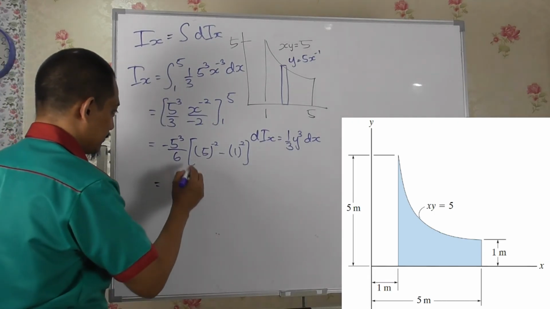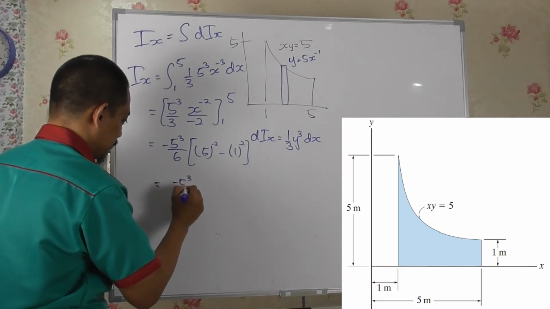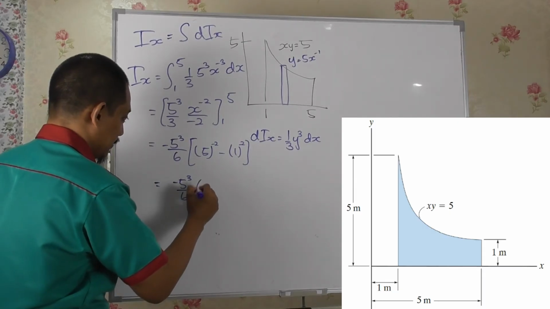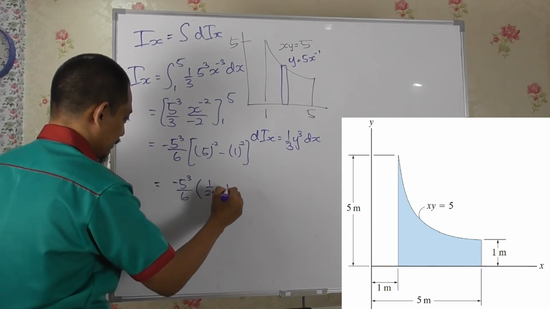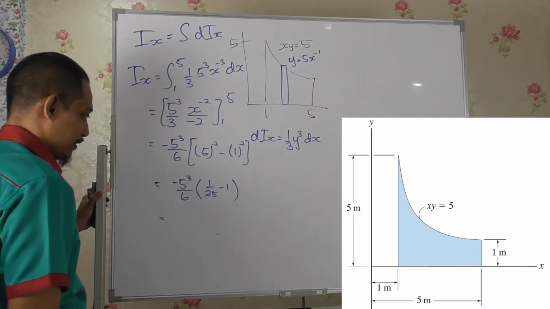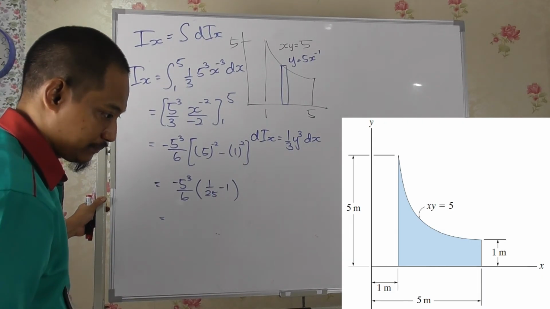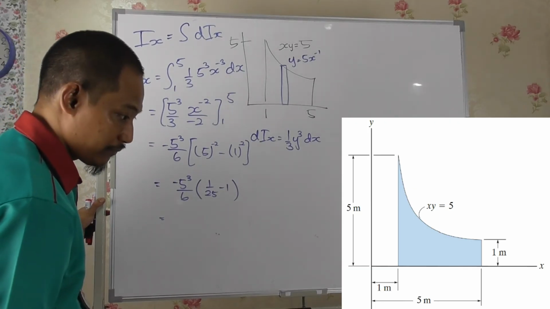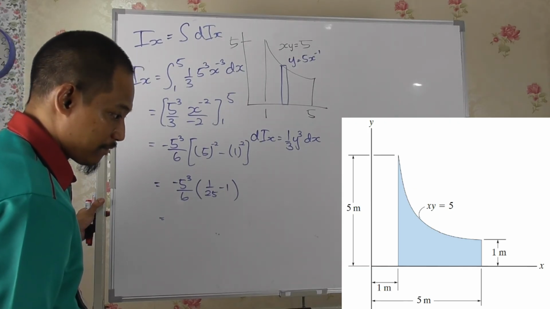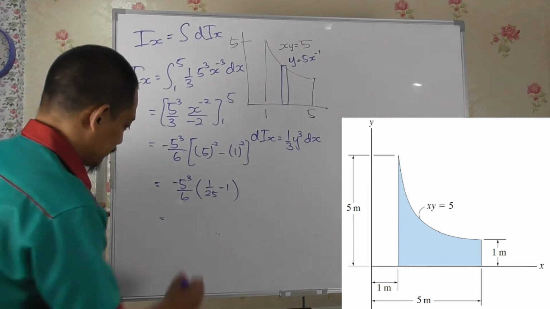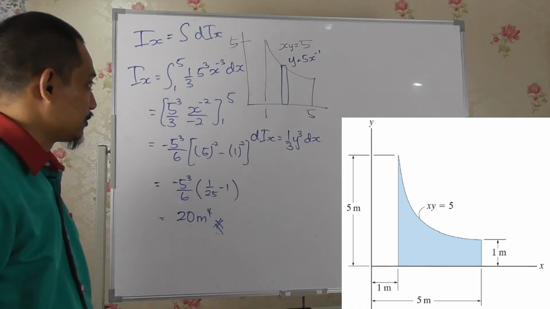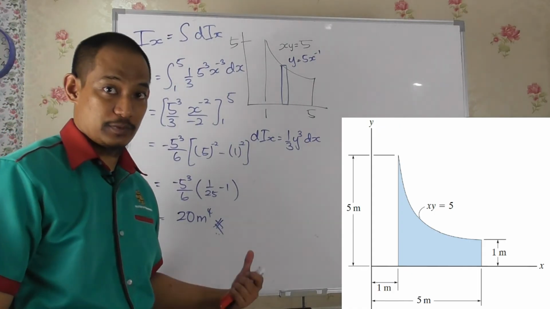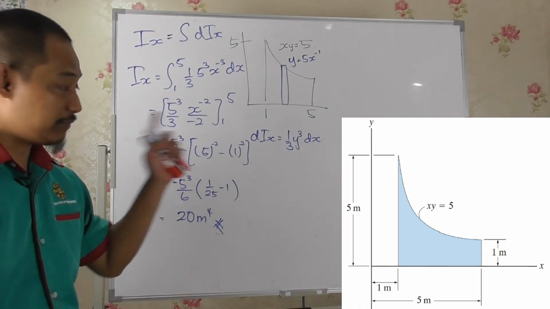So you have minus 5 cube over 6, and inside here you have 1 over 25 minus 1, right? So what do you get? In this case you get 20 meter to the power of 4. So that is the answer for this one, if you use vertical element.